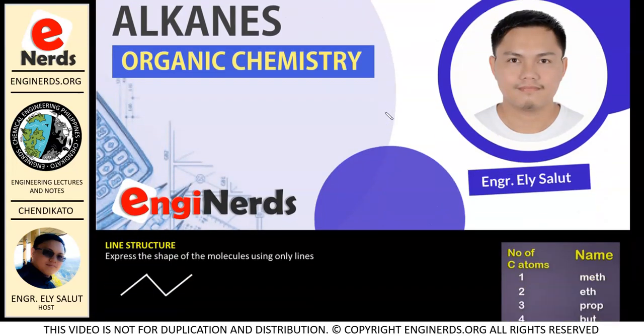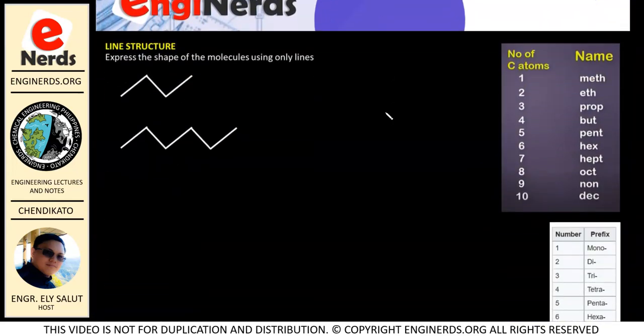So, on this lecture, we will be using line structure. So, napag-aralan na natin yan. This is a way of representing organic compounds, no? So, we're going to use line structure because we know that this is the easiest way to convey the shape of molecules. Okay, this is where we are expressing the shape of the molecules using only lines.